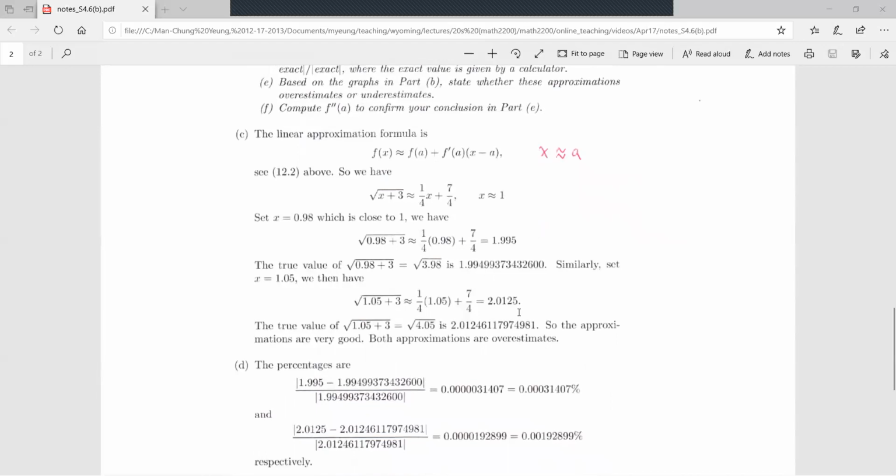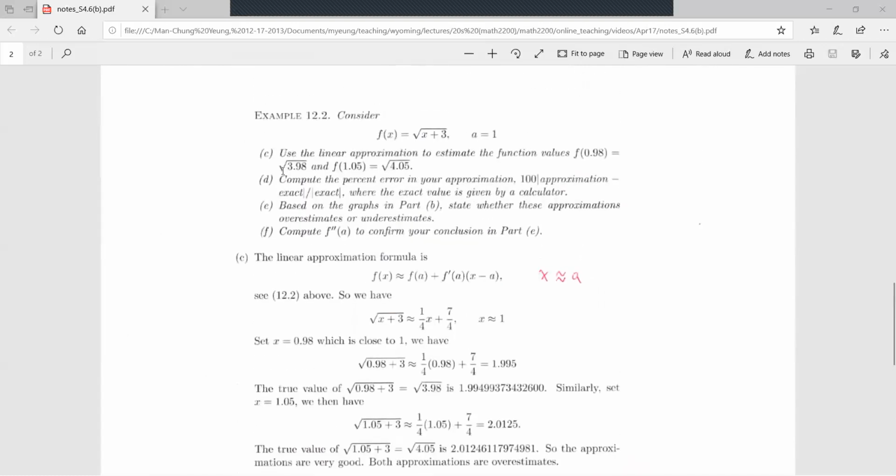And also we use calculator to compute the exact value of this square root. Now, the estimate is indeed very close to the exact value, but still an overestimate. The estimate is slightly greater than the exact value. This is part C.